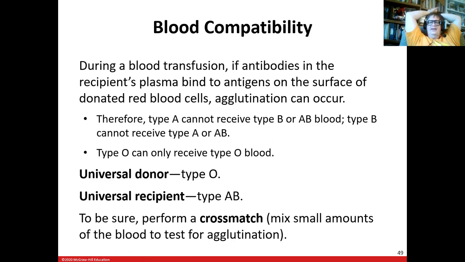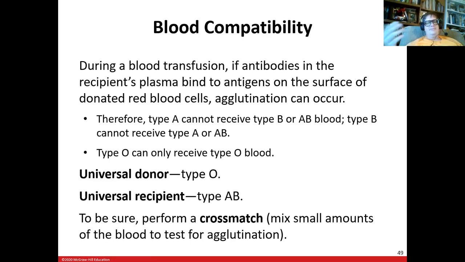So type A blood can't take type B or type AB. Why? Because they both have B, which it attacks. Type B blood cannot receive type A or type AB because type B blood attacks anything with an A. Now type O blood is not used to seeing any of those antigens, not A, not B. So O can only receive O. But O can be given to A because there's no B on it to attack.